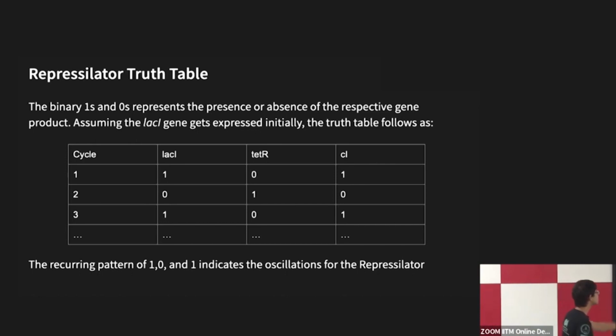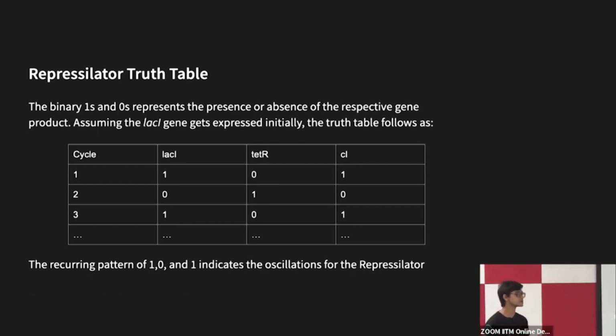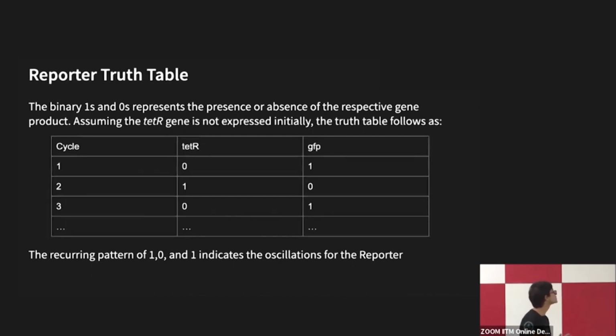If you look at each column, for LacI, for example, you're going to have a series of 1, 0, 1, 0, 1, 0, and this continues. This is how I'm showing you that the oscillations in terms of concentration do occur in this repressilator. Now we'll look at the same case for the reporter, because like we mentioned before, the readout of each state is actually the GFP.